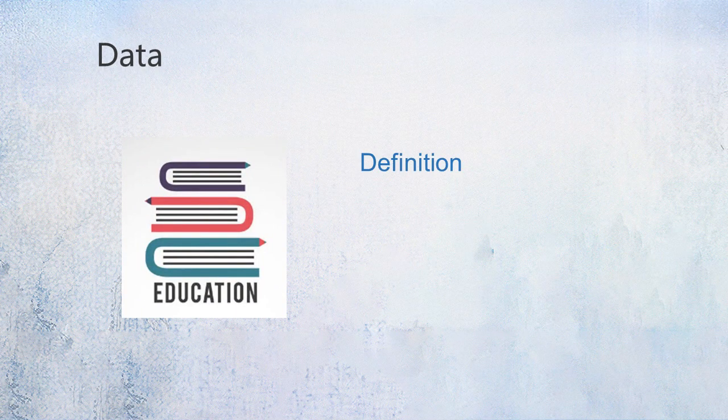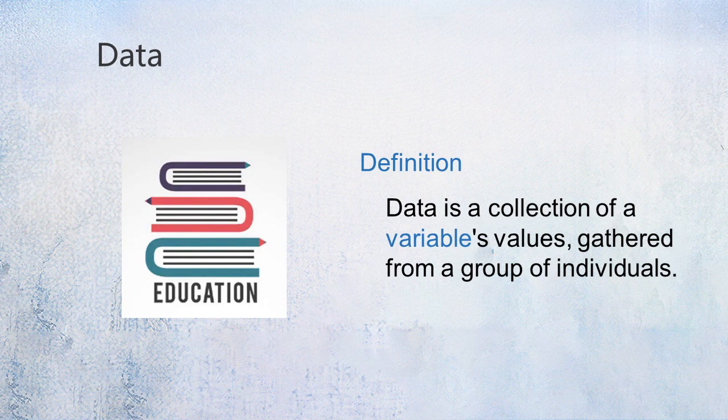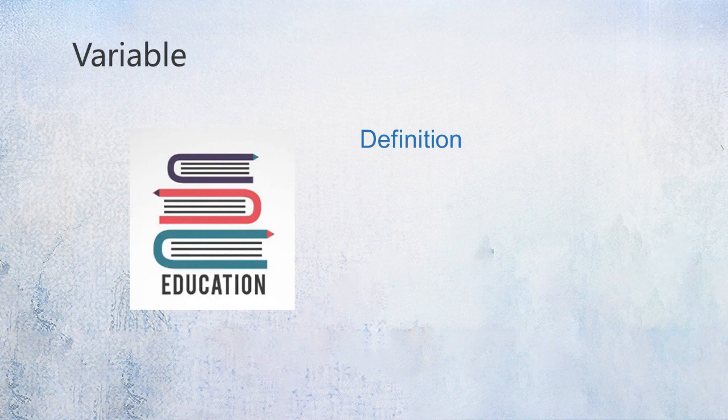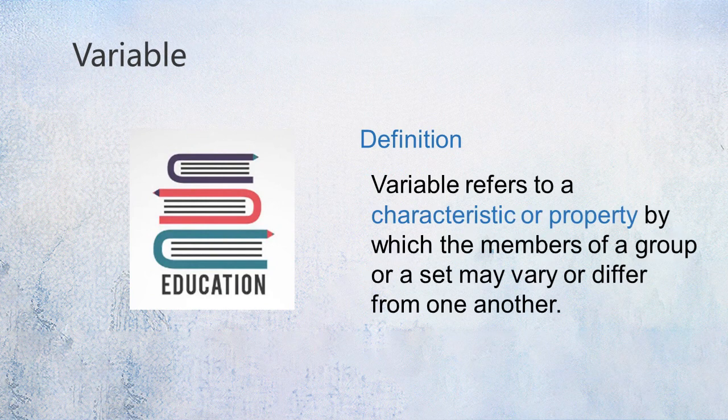What is data? Data is a collection of a variable's values gathered from the group of individuals. So, what is variable? Variable refers to a characteristic or property by which the members of a group or a set may vary or differ from one another.